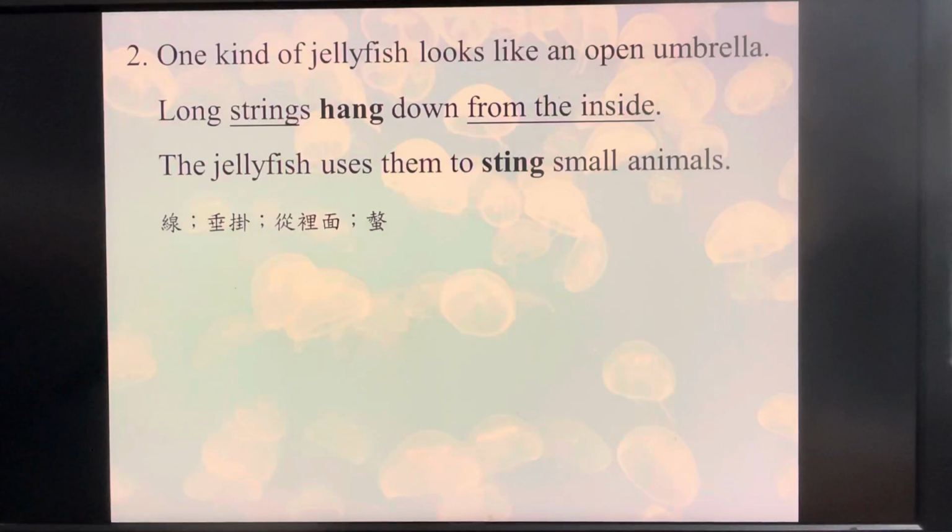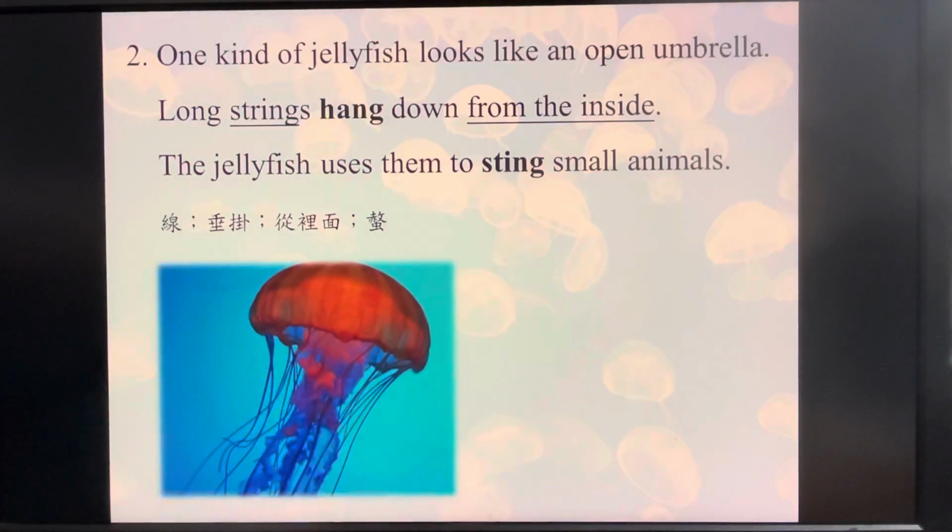Now let's take a look at sentence number 2. One kind of jellyfish looks like an open umbrella. Long strings hang down from the inside. The jellyfish uses them to sting small animals. So one kind of jellyfish looks like this, and it has an open umbrella.